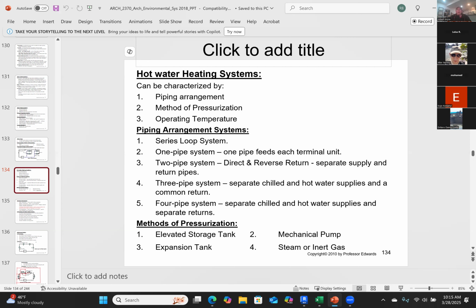How do we pressurize it? We have an elevated tank. We have a mechanical pump. We use steam to pressurize it, or we have an expansion tank. Those are some of the methods of pressurization for a hot water system.